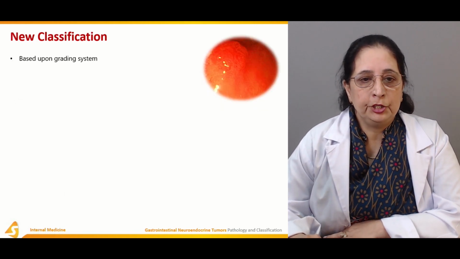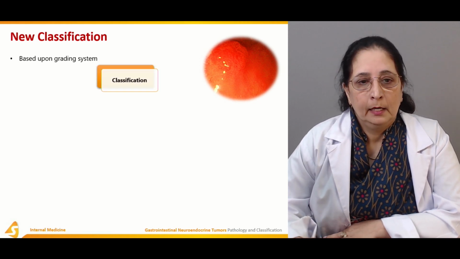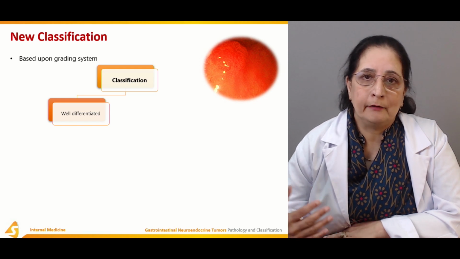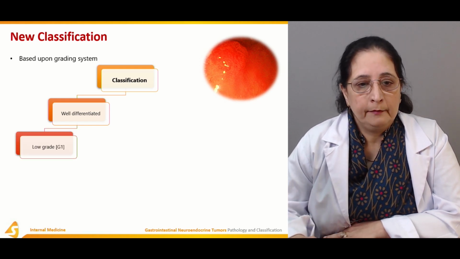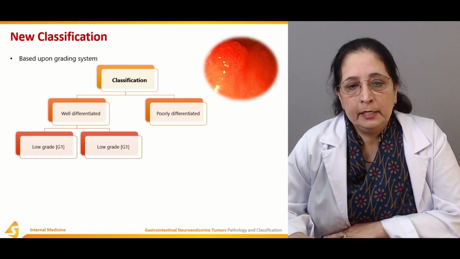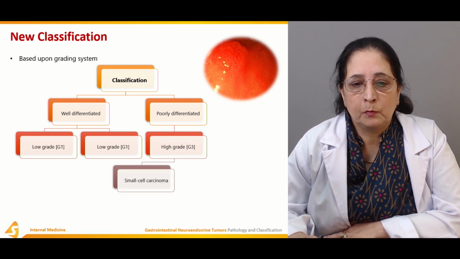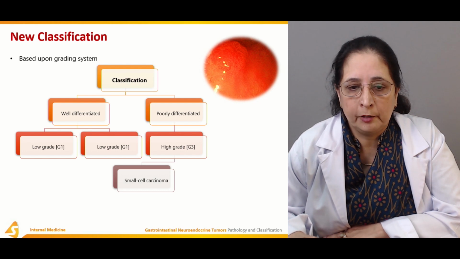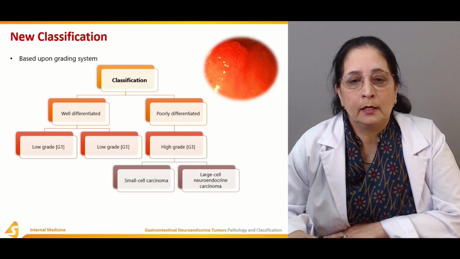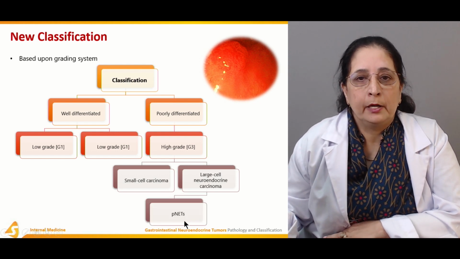The new classification is based on a grading system, and it is based on how well differentiated the cells are. Well differentiated is low grade, and poorly differentiated is high grade, and small cell carcinoma is in high grade. And then we have large cell neuroendocrine carcinoma and pancreatic neuroendocrine tumors.